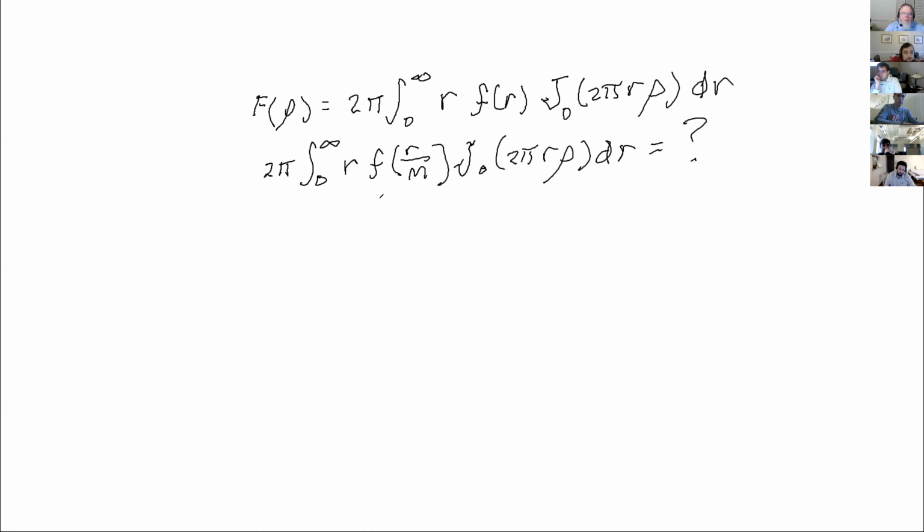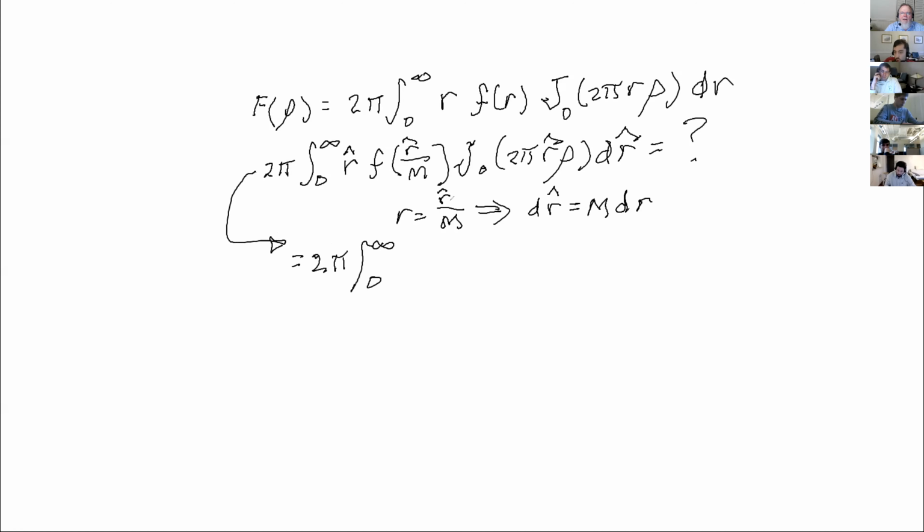So what we're going to do is use a dummy variable. Let me make all of these r hats, if you will, so as not to confuse us. We're going to set r equal to r hat over m, so that dr hat is equal to m dr. Everything's very nice right now.